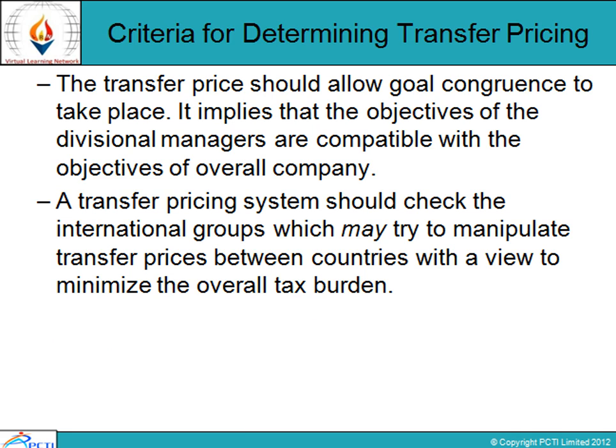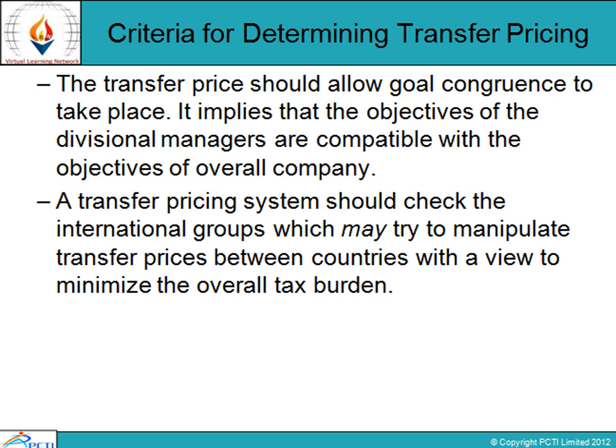Furthermore, the transfer price should allow goal congruence. It implies कि जितने भी objectives हैं divisional managers के, they must be compatible with the objectives of the overall company. So the goal of the company and the goal of the divisional managers are in close congruence with each other.